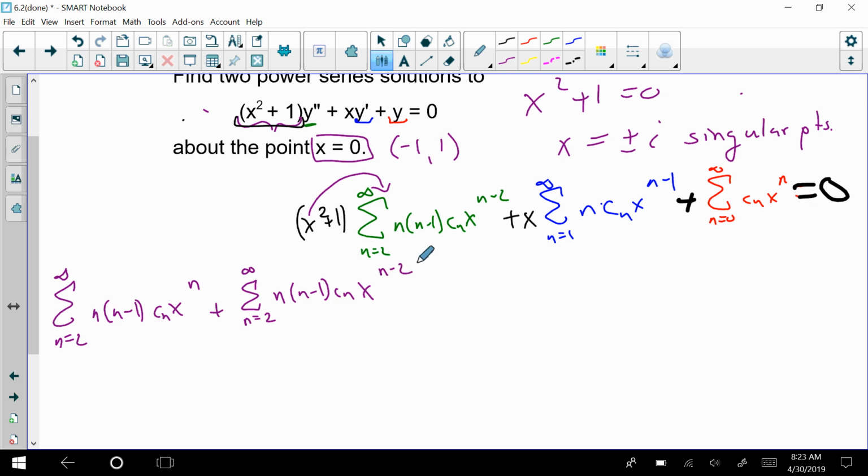Hopefully that makes sense. I use the same type of logic and bring this in, and that cancels it out. So I have plus the summation n equals 1 to infinity of n c sub n x to the n. Then this one here has nothing with it, so I can just drop that one down. And I have my new equation.